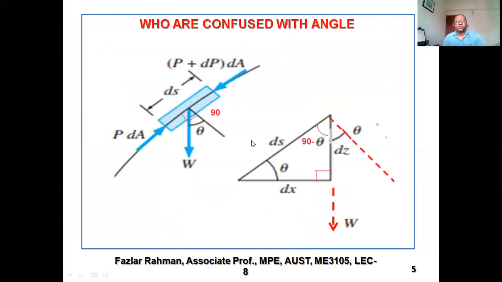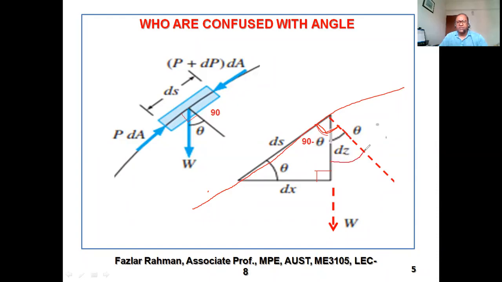Okay, so with this free body, I will show you how we got this angle. This angle is theta, right? So this line represents our streamline. So this angle is 90, and this one is also 90, but the weight is working downward. So this is the weight working downward.